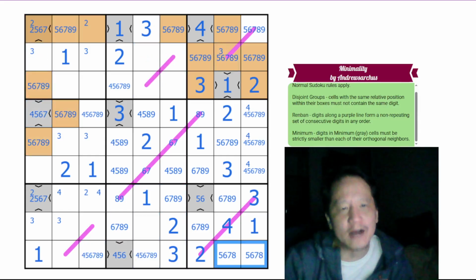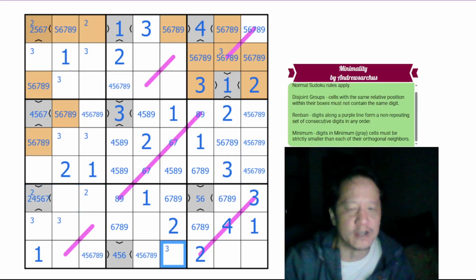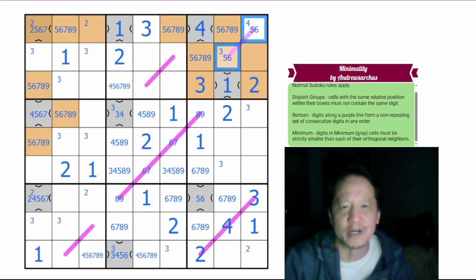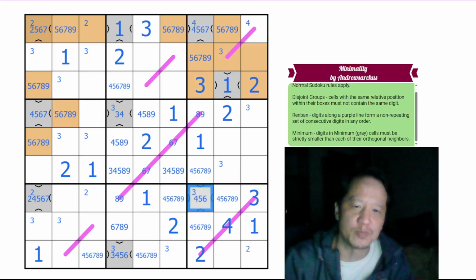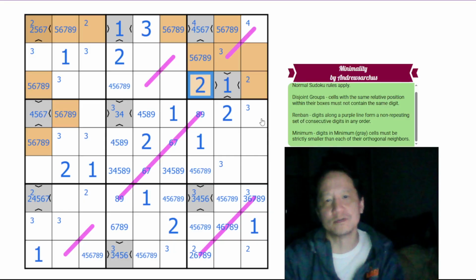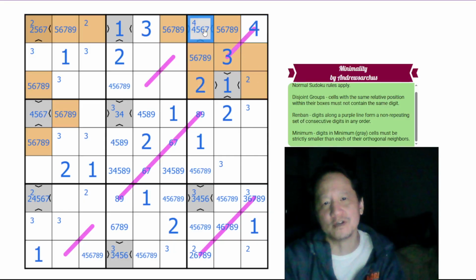So now we can solve it the way that we were solving it, and we know that the other way leads to a contradiction. But I don't know how you spot that. That's really tough to spot. Anyways. So this cannot be 3. This has to be a 2. So this is 2, which forces this to be 3 and 4. No 4 here.